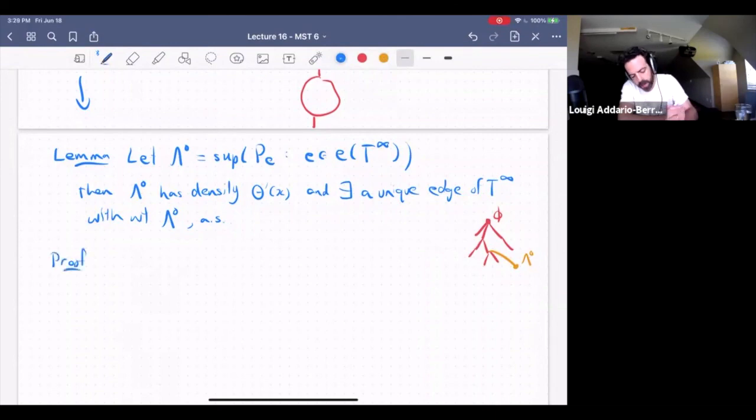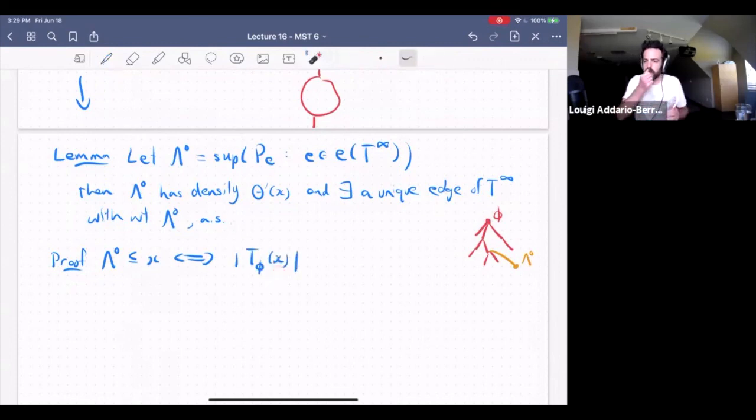The fact that this supremum has this density is not hard, because we always had the smallest edge available to us. Saying that the largest edge weight we ever add is at most x is equivalent to saying that starting from the root, we have infinitely many edges available to us of weight at most x. That's just saying that the x-percolated tree, what's available to us with weight at most x, has infinite size.